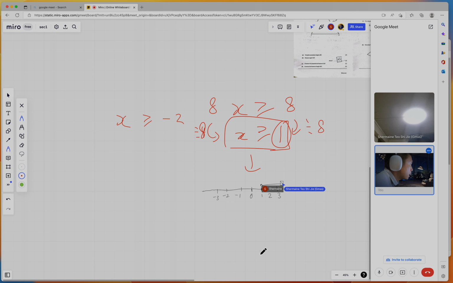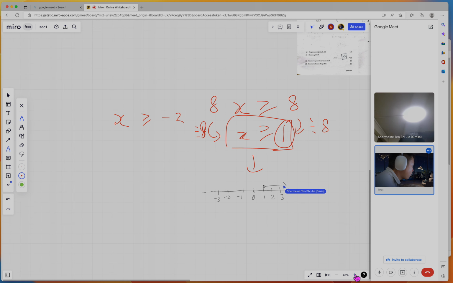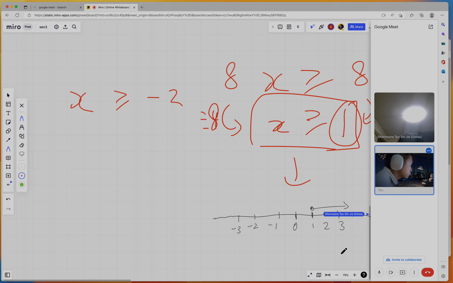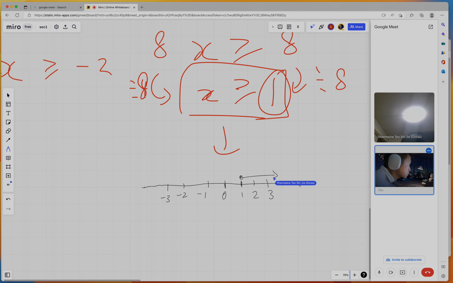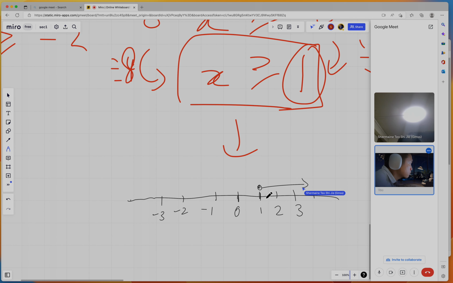Wait, empty circle or solid circle? How do you decide? Empty or solid circle? Answer my question. Empty or solid? Empty. Why empty? Why not solid?